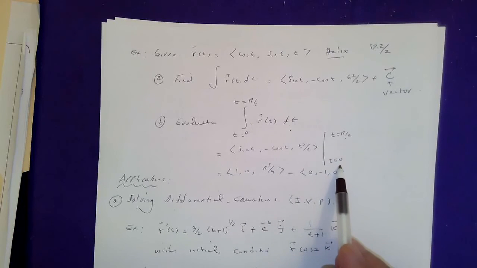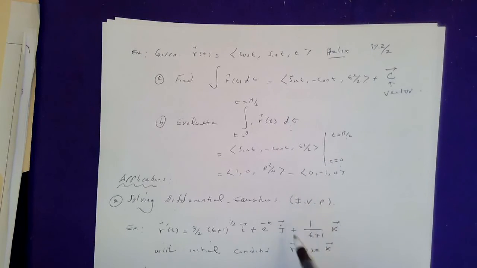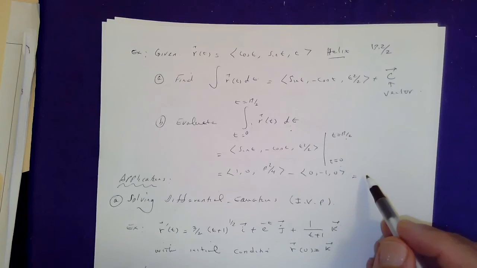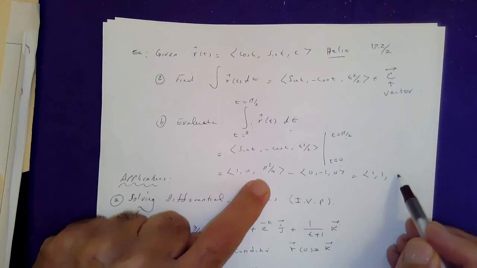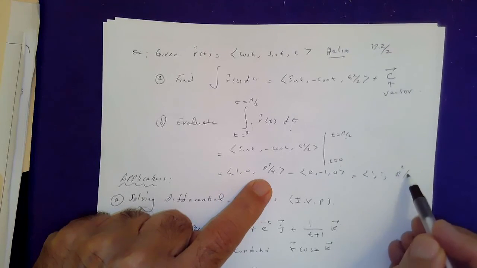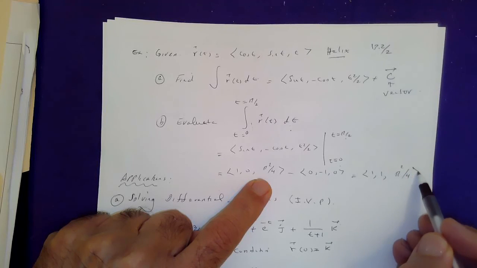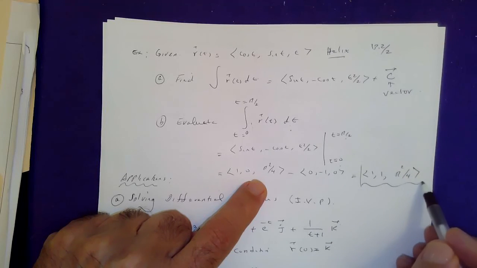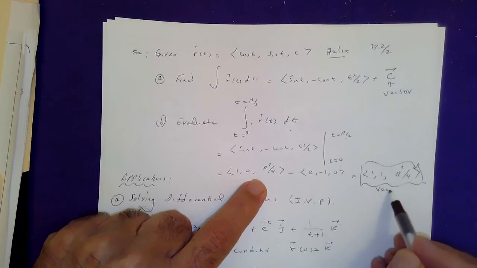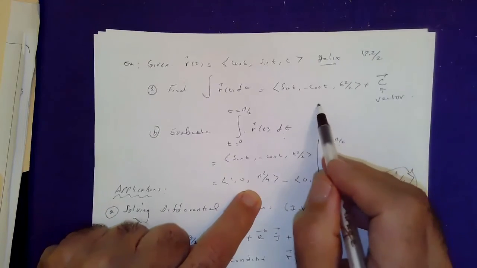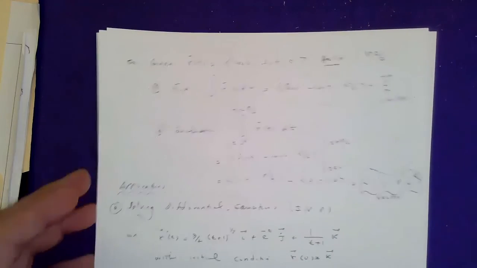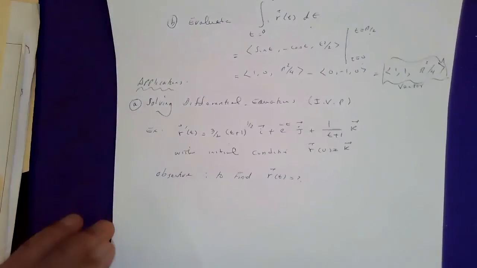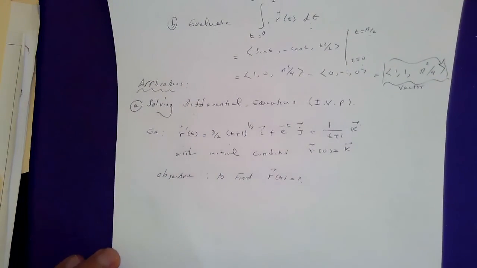First at pi over 2, then at 0, then subtract. You know, the fundamental theorem of calculus. So this would be 1, this would be 1, and that would be pi squared over 8. Notice in either case, the answer is a vector, but in case 1, you get a vector plus an additional vector c. This is the idea behind solving differential equations.